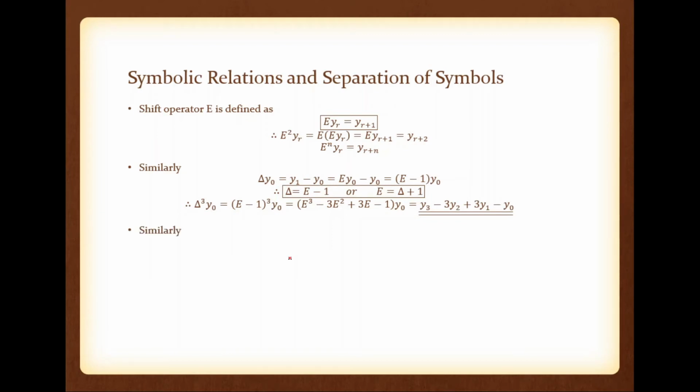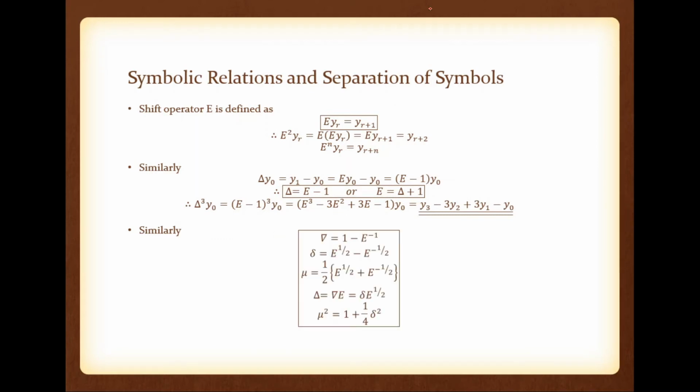Similarly, how can we relate the backward difference with this one? We can write del is equal to 1 minus E raised to minus 1. Why? We can take an example. What is del y1? Del y1 is equal to y1 minus y0. Here y1 is the next data of y0.